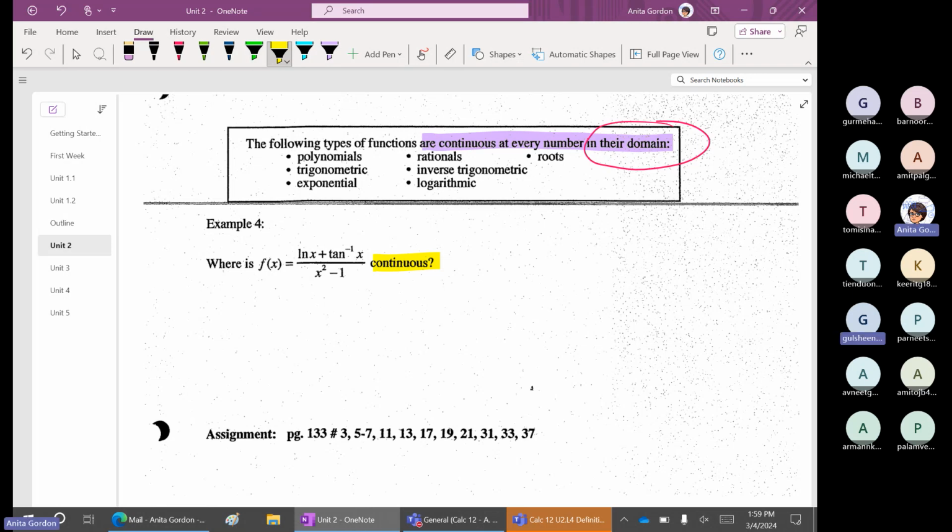First, let's look at the denominator. What would make the denominator 0? Positive or negative 1. So we cannot be positive or negative 1. Okay, what would make log x not be usable? Or what is the domain of log x?